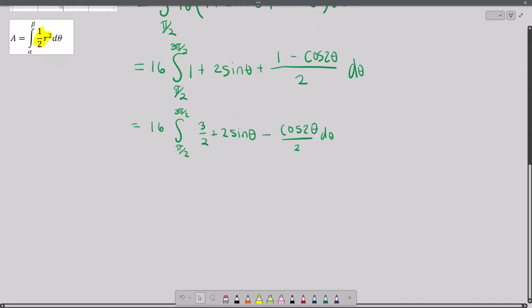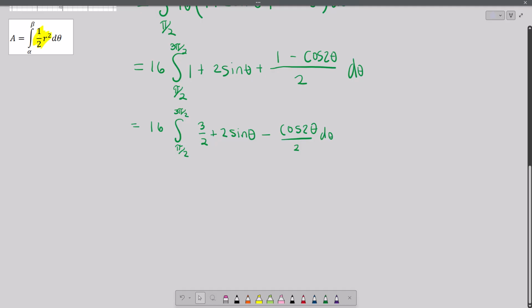So now we can integrate. So we'll integrate term by term. And that will give us 3 over 2 multiplied by theta minus 2 cosine of theta. The integral of sine is minus cosine. And then over here, let's think about integrating that. We have to remember our reverse chain rule.